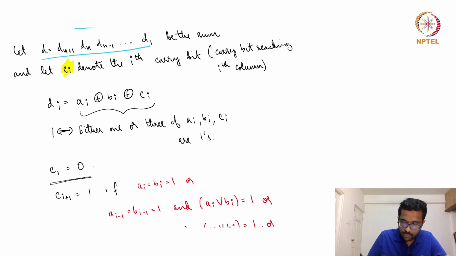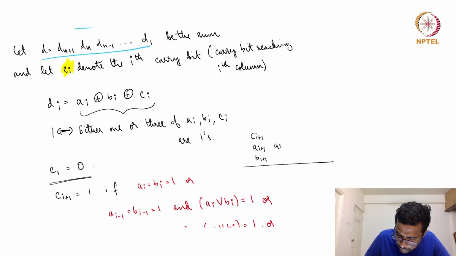Ci plus 1 is the carry at the Ai plus 1 and Bi plus 1. So let us look at what would have happened at Ai or Bi that resulted in Ci plus 1 being 1. It is possible that Ai and Bi are both 1s. If Ai and Bi are both 1s, certainly Ci plus 1 is equal to 1. Right?